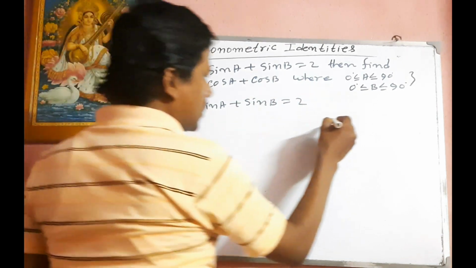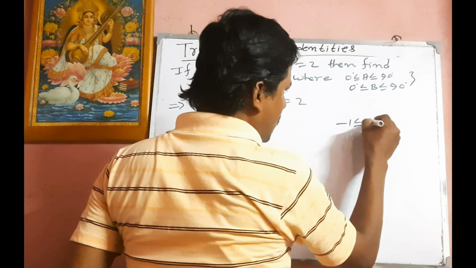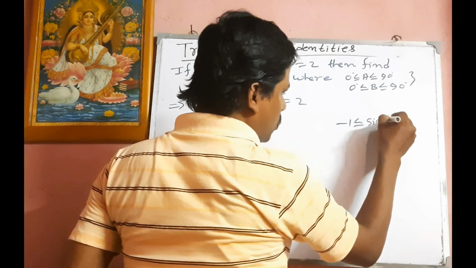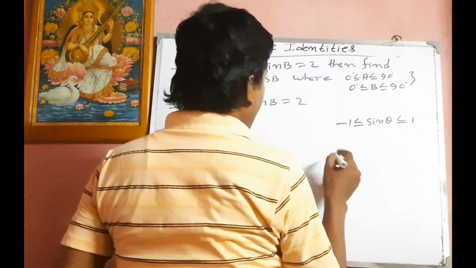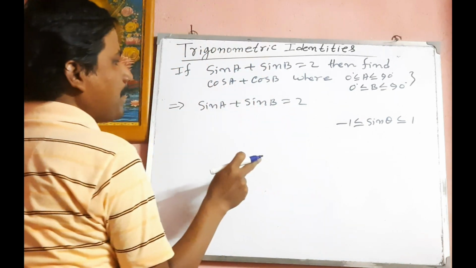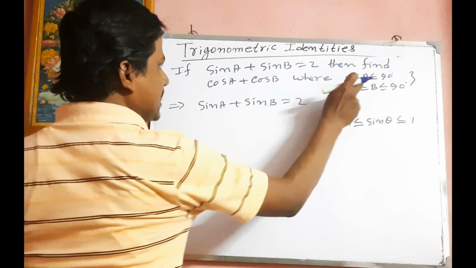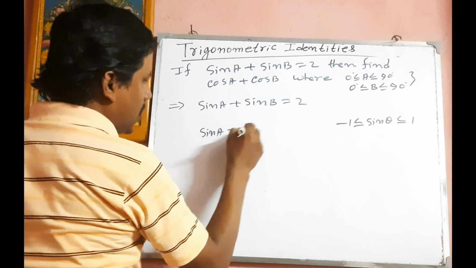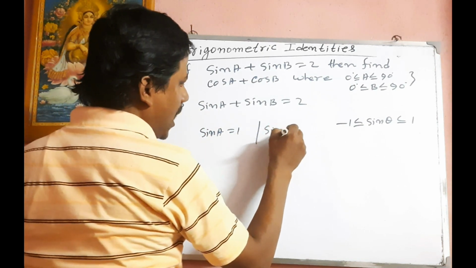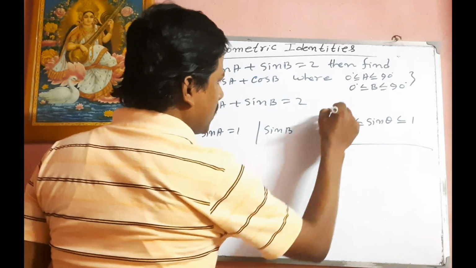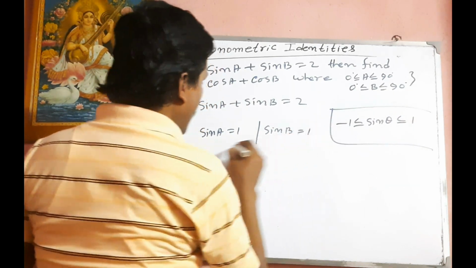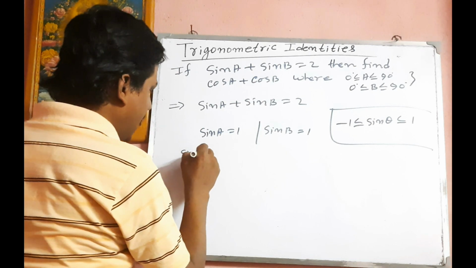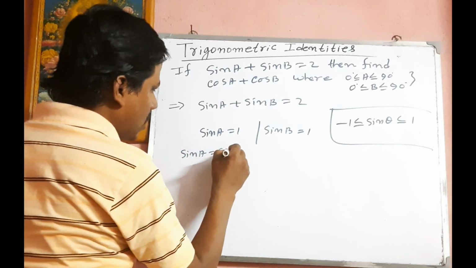Since we know that minus 1 is less than or equal to sine theta, which is less than or equal to 1, the maximum value of sine theta in this range is equal to 1. So sine of a is equal to 1. Similarly, sine of b is equal to 1. And sine of a is equal to sine of 90.